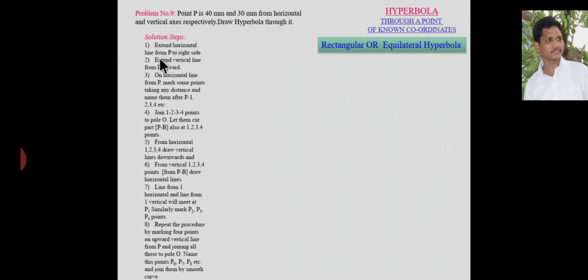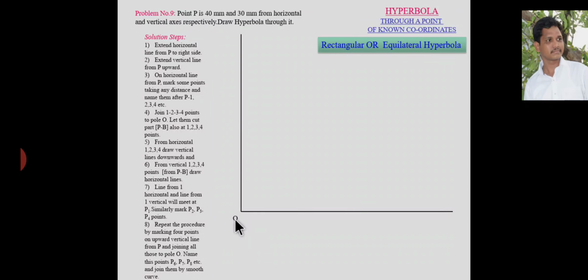Now these are the steps to construct the rectangular hyperbola. First of all you have to draw an imaginary vertical line like this, and then draw an imaginary horizontal line like this.